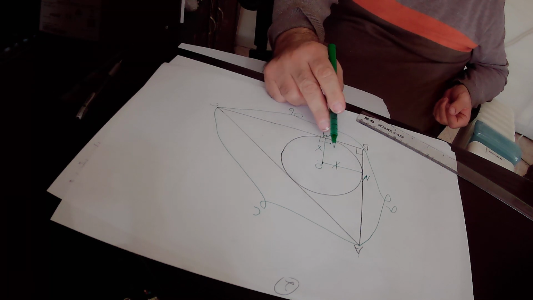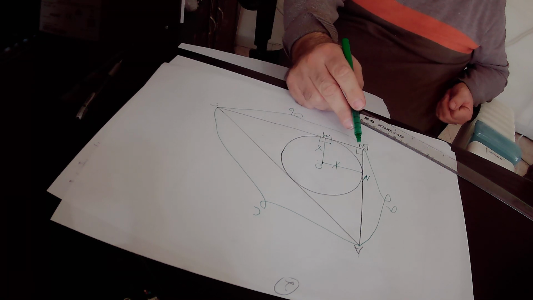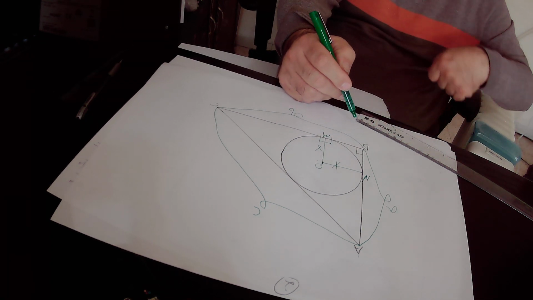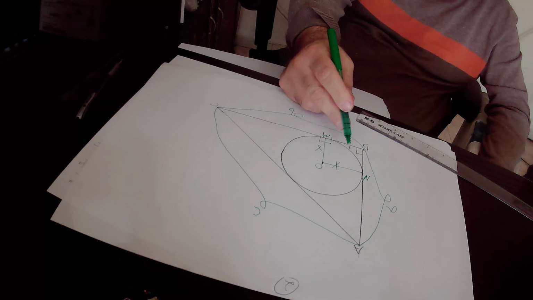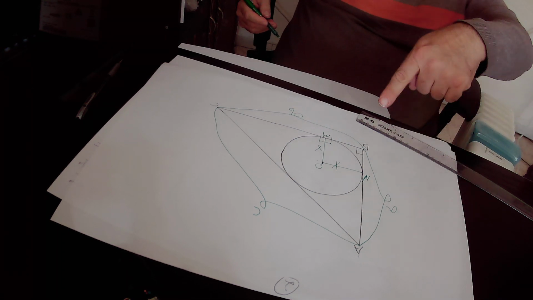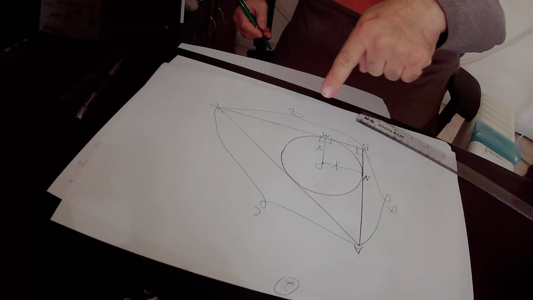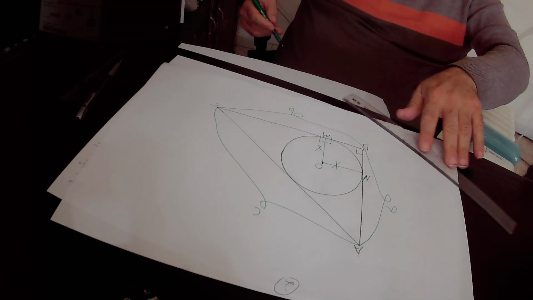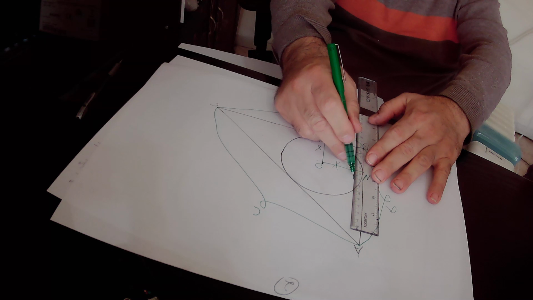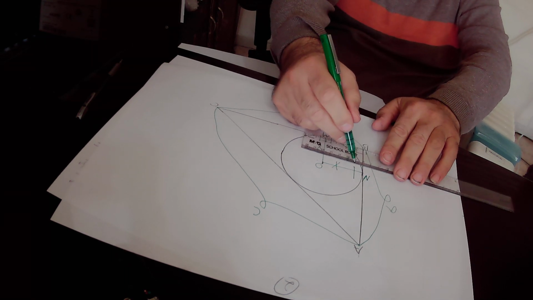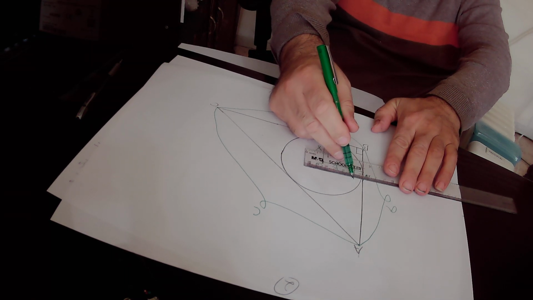The radius ON is drawn to point N, that is the point of tangency of tangent AB with this circle. And whenever you have a radius that is drawn to the point of tangency, then tangent AB will be perpendicular to the radius NO. If AB is perpendicular to NO, it means that this angle equals 90 degrees. This angle equals 90 degrees according to rule number 1.